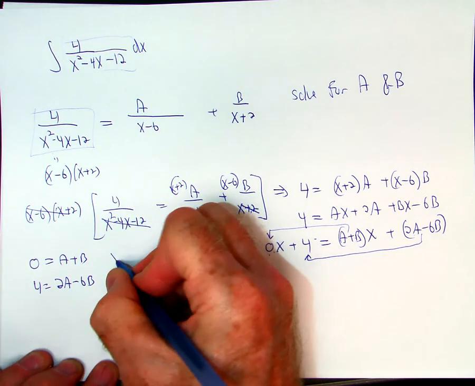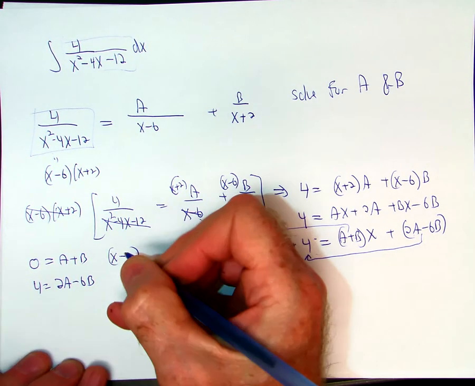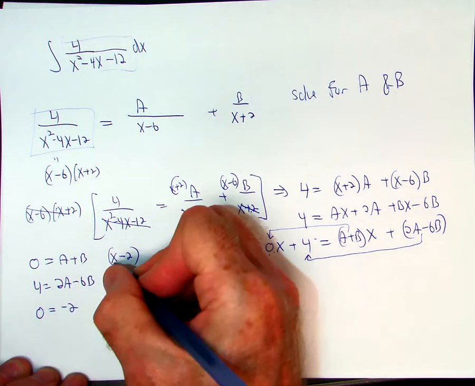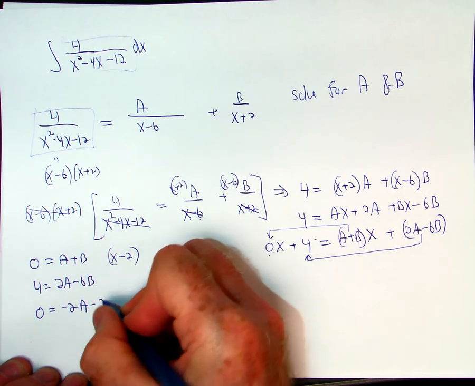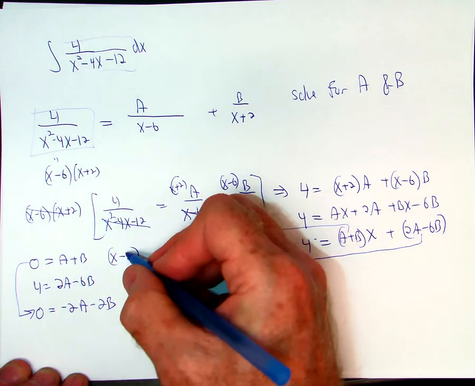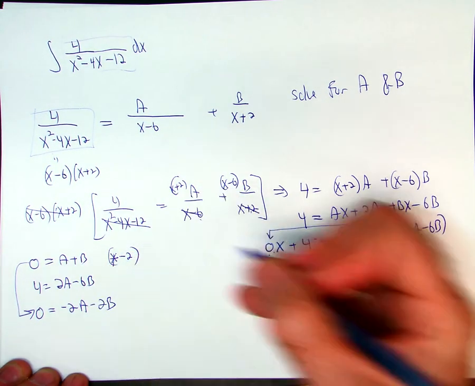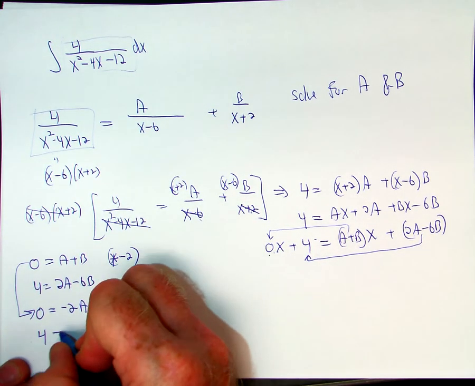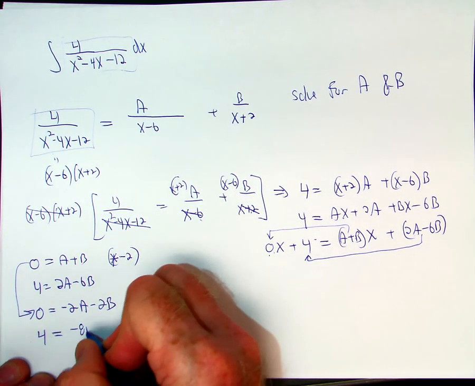I'm going to multiply this times minus 2, so I get 0 equals minus 2A minus 2B. So I'm just moving this down to here and multiplying it times 2. And then I add these two together and I get 4 equals minus 8B.